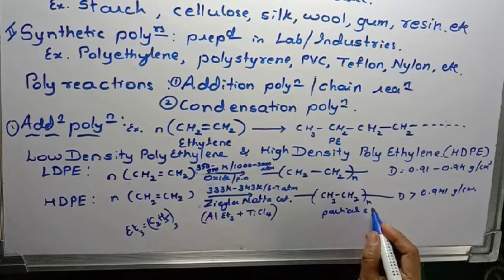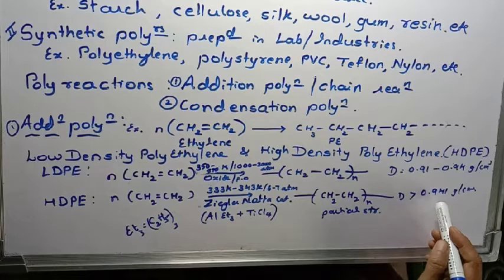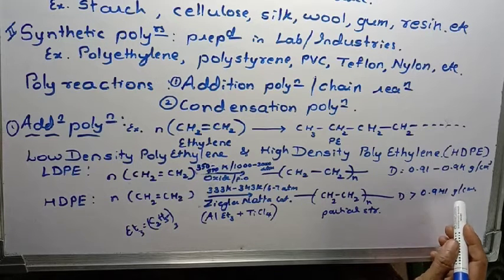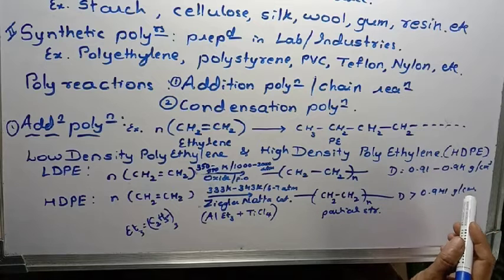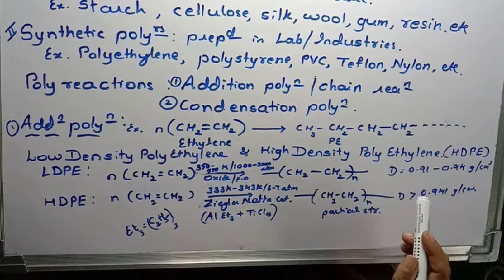The density of the resulting molecules is in the range of 0.941 gram per cc or greater. Okay, they are said to be high density polyethylene.